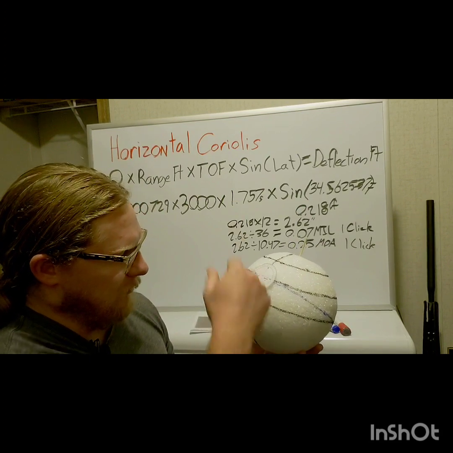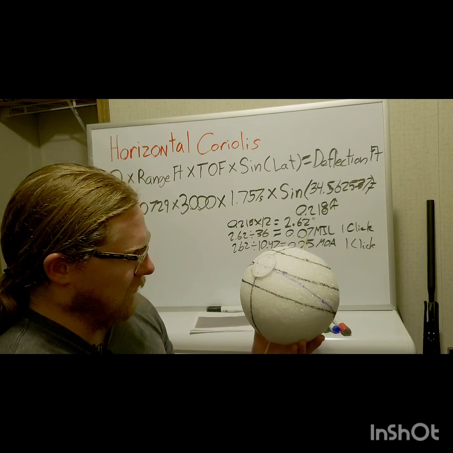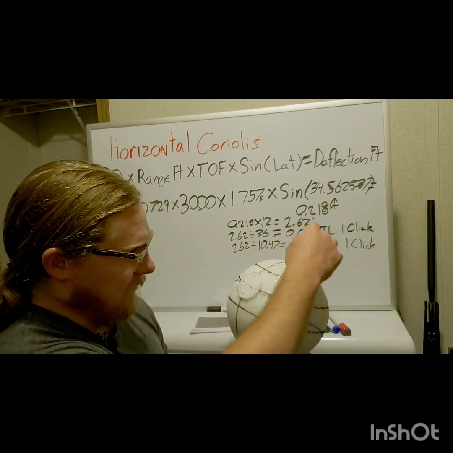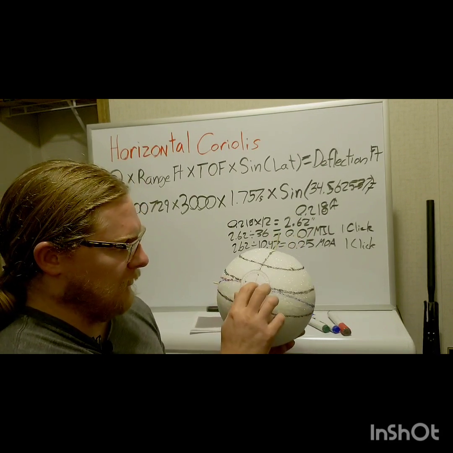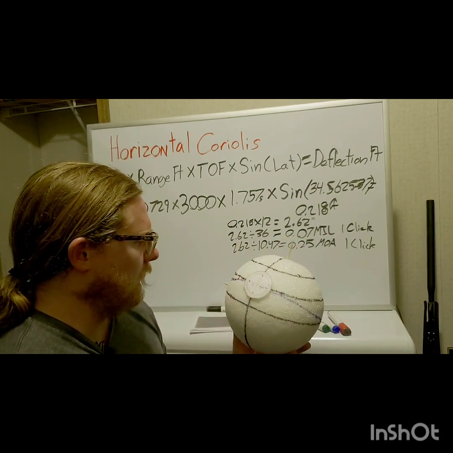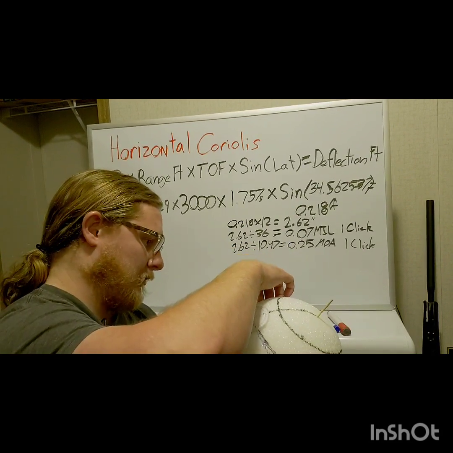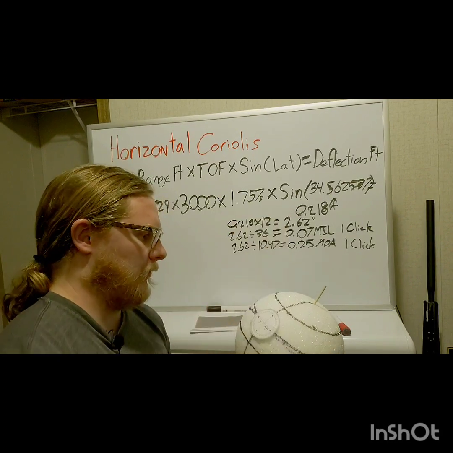We only need this one longitudinal line just for a reference point so that you know we are in line with our axis from the North Pole to the South Pole. And I got a little compass on here. I'm just going to move that over there. All right, so here we go.